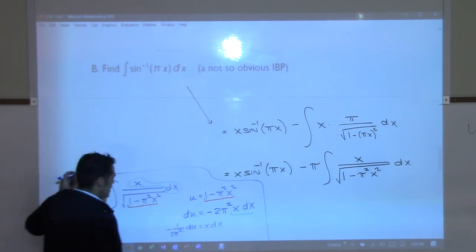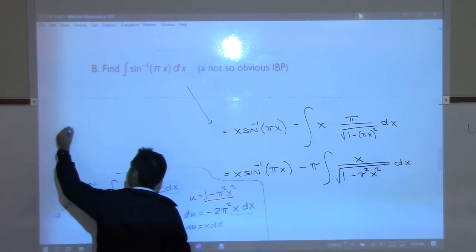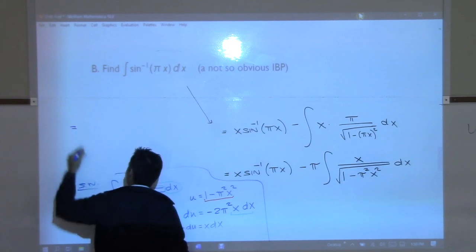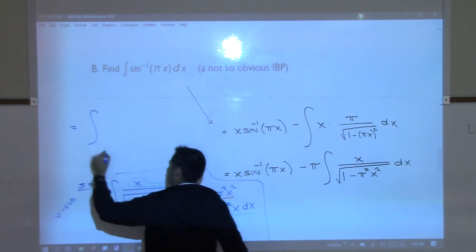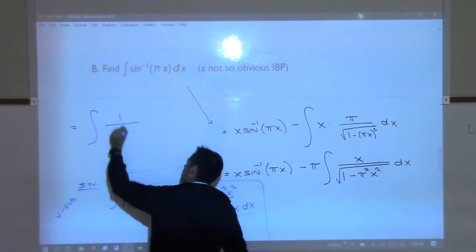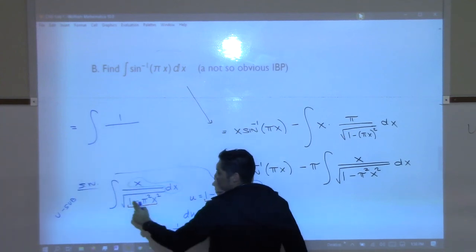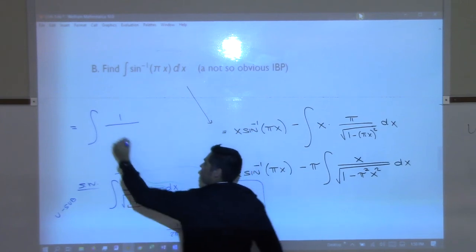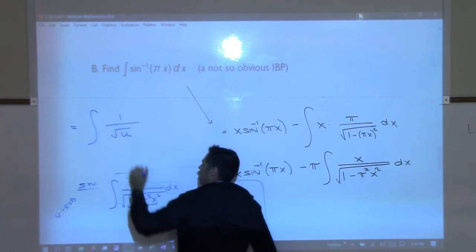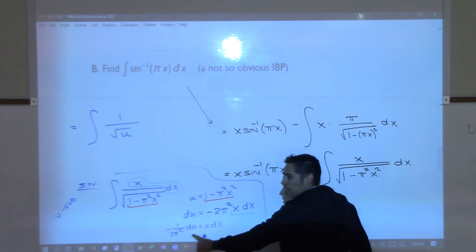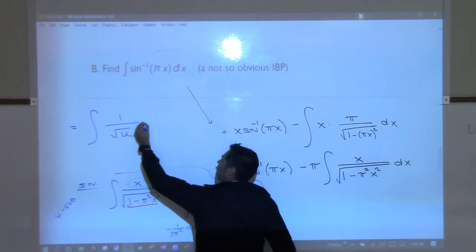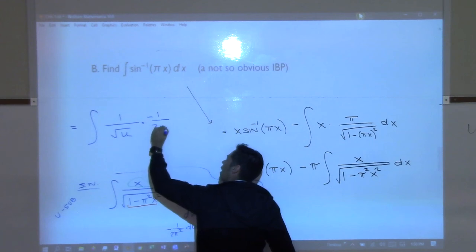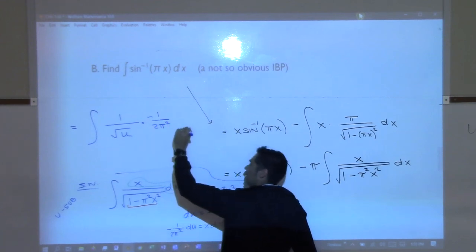But okay, so now this integral becomes, I'm going to make the substitutions, right? So I have the integral of 1 over the square root of u, and then this x dx turned into this. So I'll just write it down: negative 1 over 2 pi squared du.